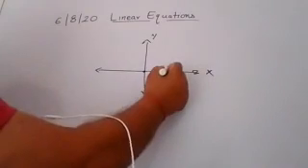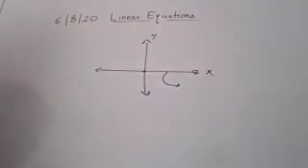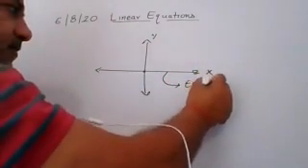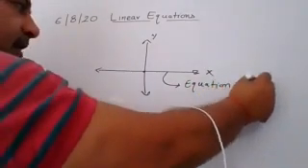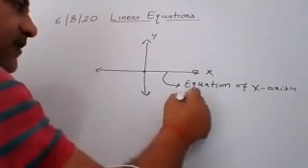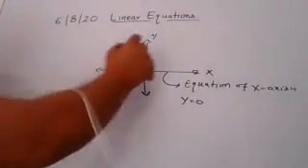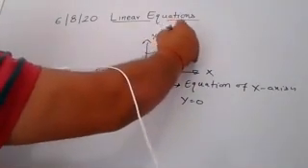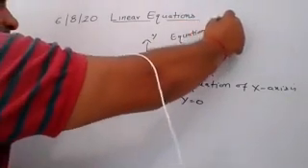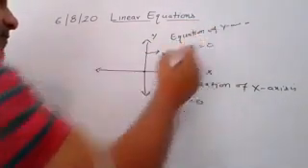So you write here the equation of the x-axis is y is equal to 0. In the same way, the equation of the y-axis is x is equal to 0.